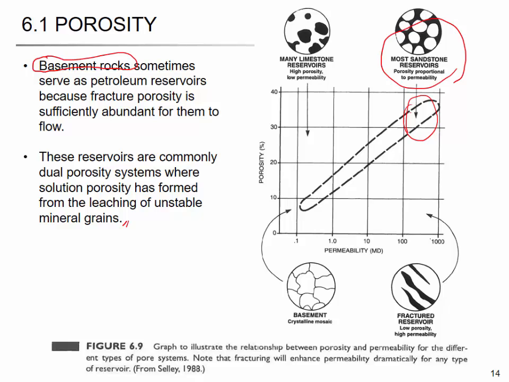What about the carbonate rock? Carbonate rock, as we saw just before, has the porosity by the solution. Right? So it can have the moldic and the vuggy pore. And these pores are not from depositional process. It's from the secondary process, like the leaching out, right? Or the cementation.